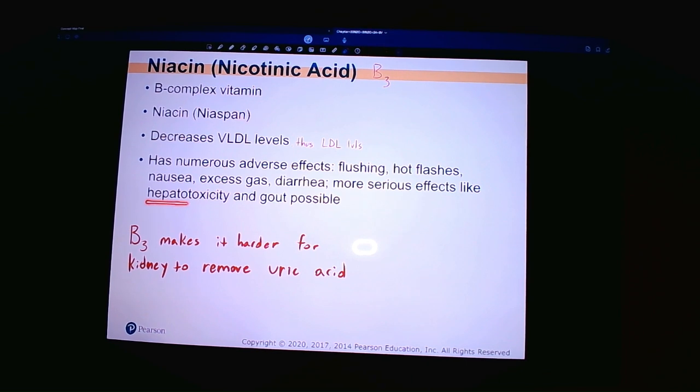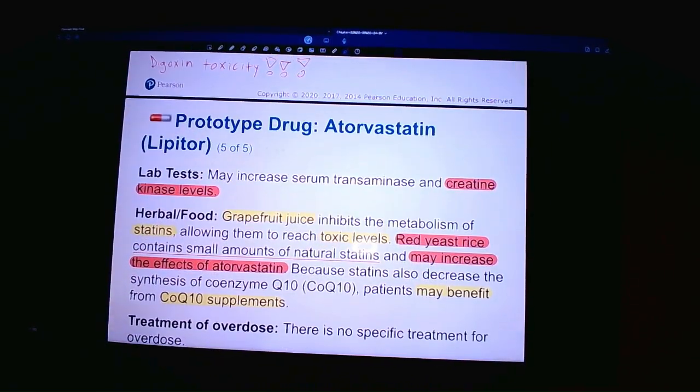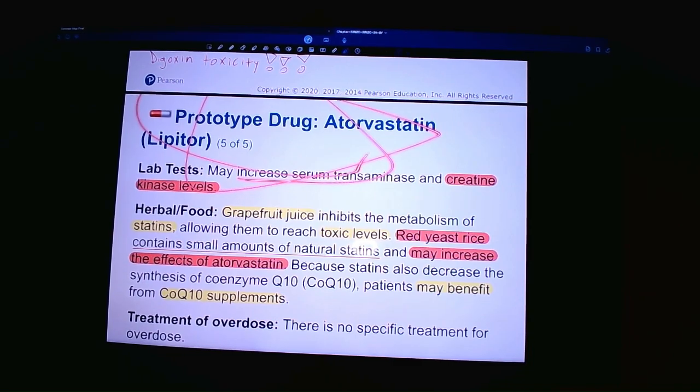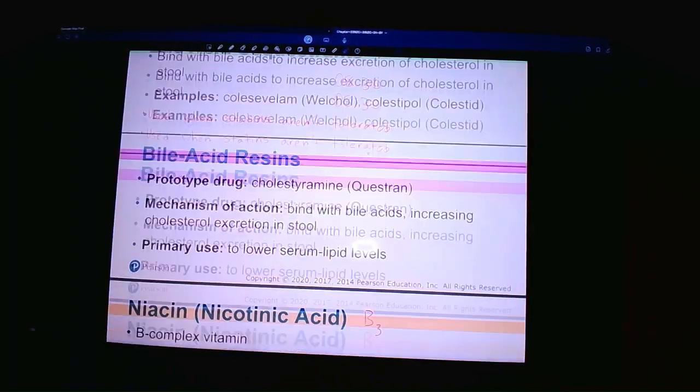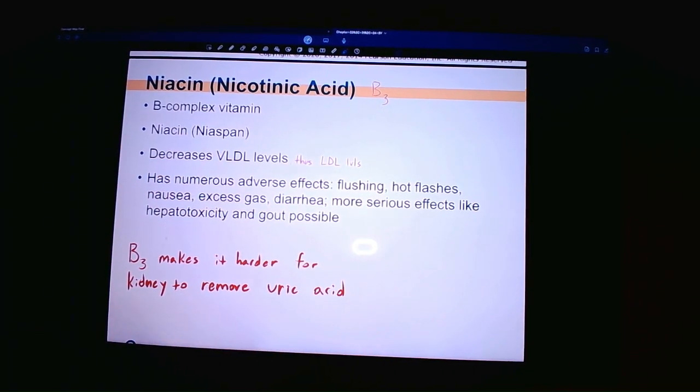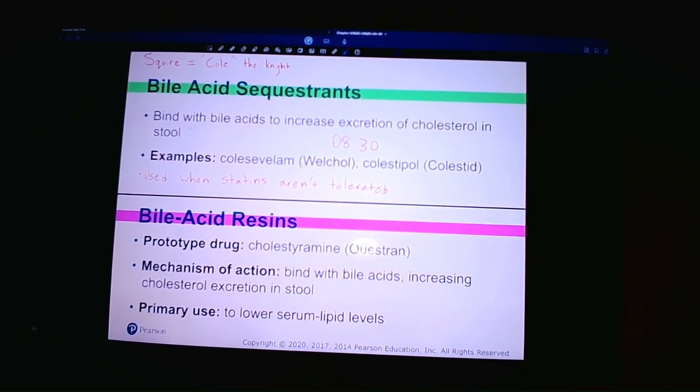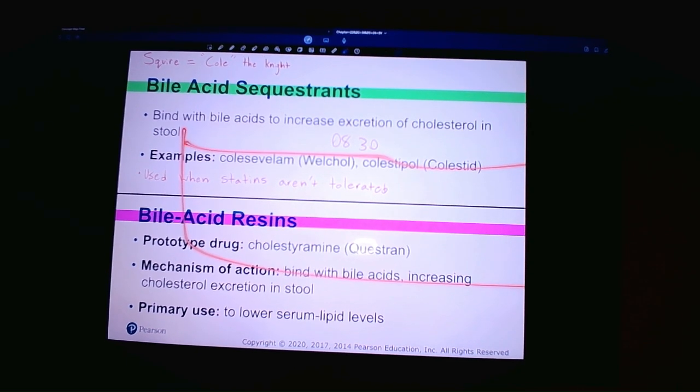Something to point out is that it seems like generally all these lipid drugs happen to do some kind of damage to the liver, right? Look at that hepatotoxicity, just like we had over here with the atorvastatin. So if the drug is doing some kind of effect generally to the liver, they're going to have some kind of hepatotoxicity. Now, I don't think the bile acid sequestrants do that because they don't really go to the liver.